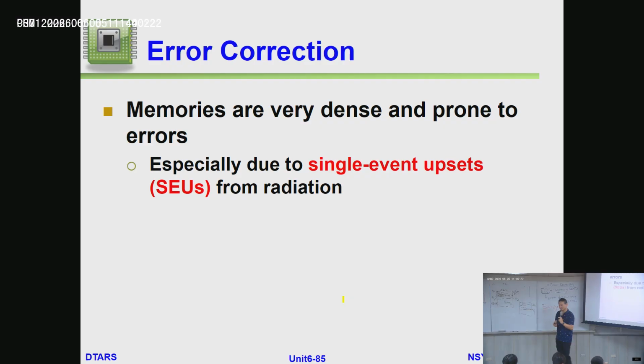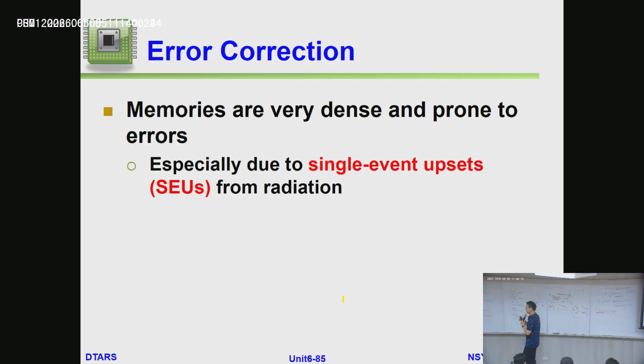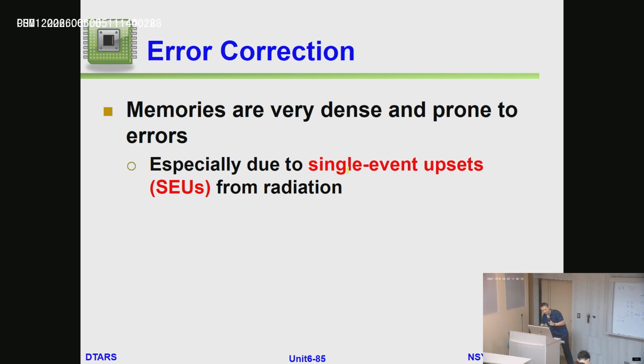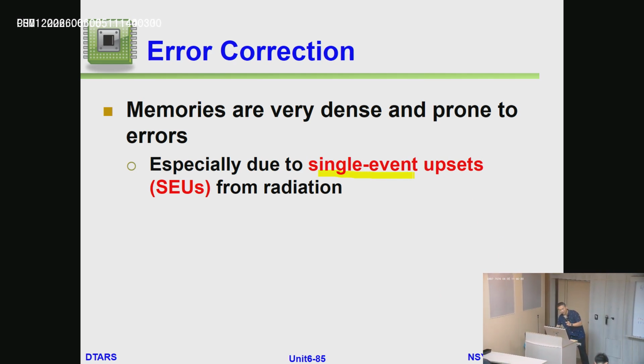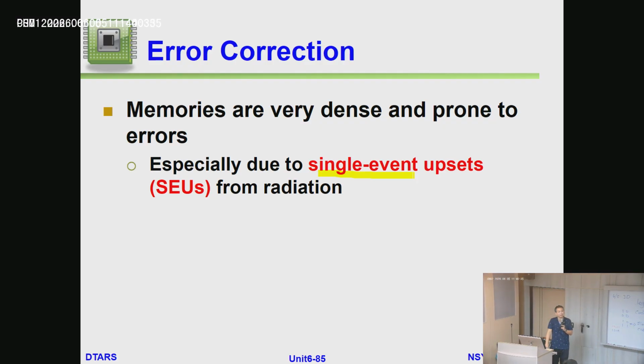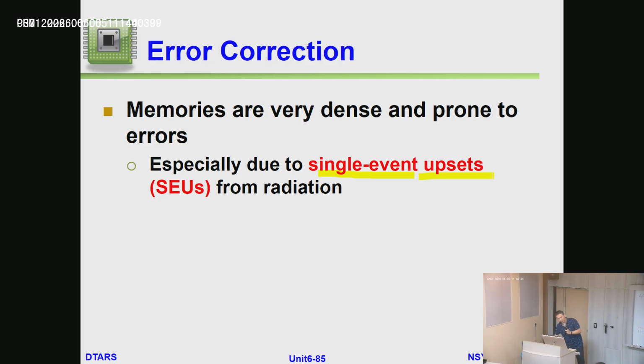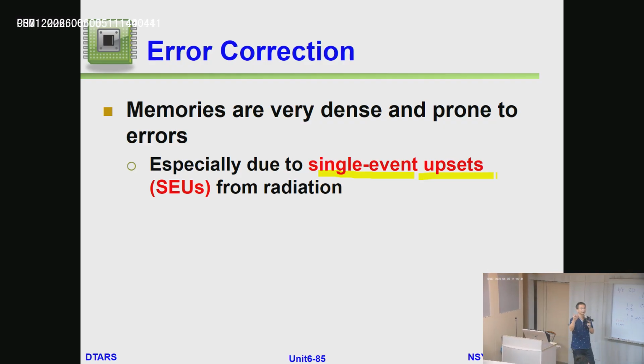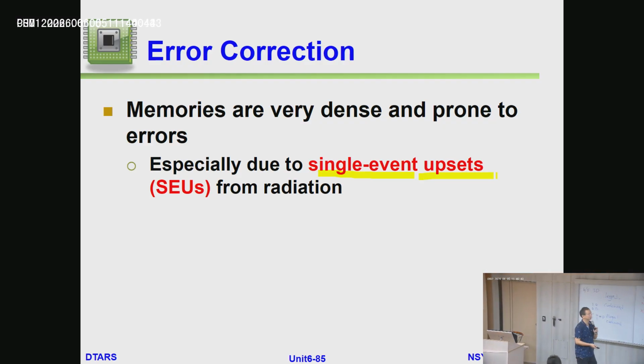So it is very possible that this radiation will cause a single event upset. SEU is also a very commonly used term in reliability. Single event means only one bit of our memory will be affected, and it will cause an upset. Upset means going from 0 to 1 or 1 to 0.